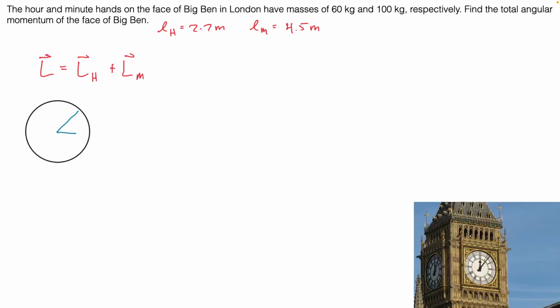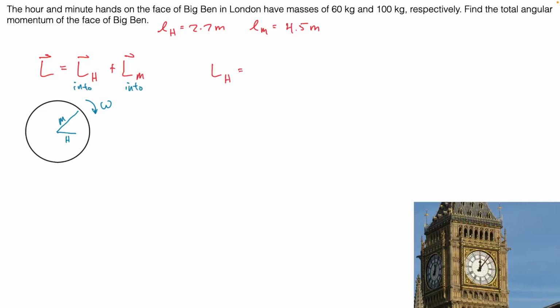They're both going around clockwise, so both angular momenta are into the page. They're both going in the same direction, so we just add them together. We're not going to subtract them. So from here on out, I'm just going to drop the signs. I know I'm adding them together, so I'll take care of that at the end.